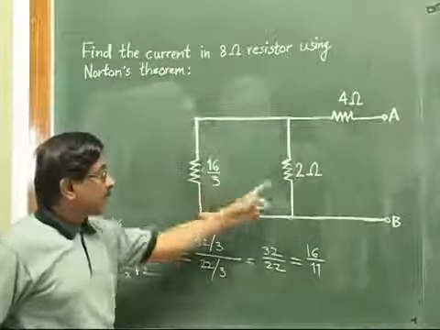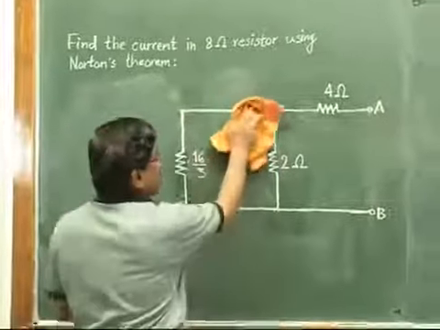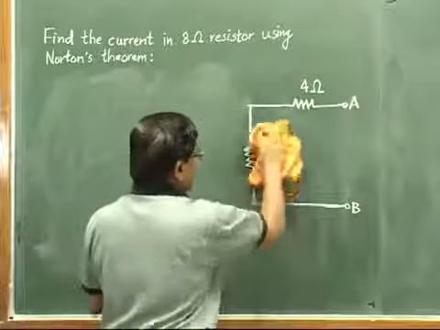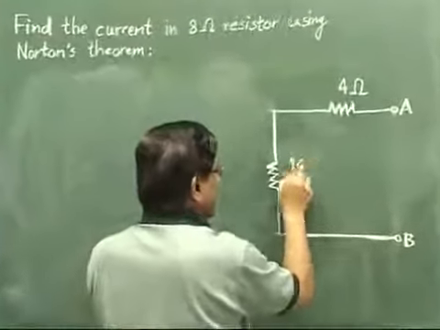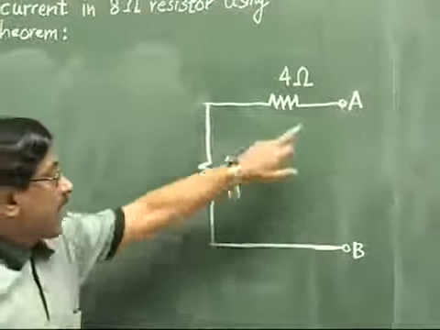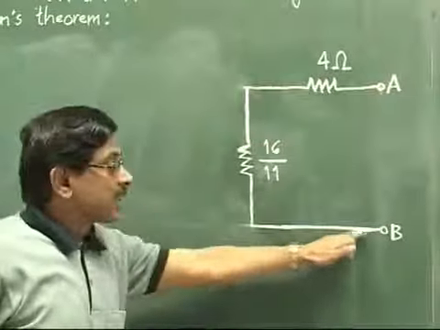So we can now replace both these resistances with the single equivalent value 16 by 11. So the circuit will be reduced like this. Instead of these two, one resistance of 16 by 11, so I write the value here, 16 by 11. And one more job now. Across these 2 points, this 4 ohm is just coming in series with this 16 by 11.